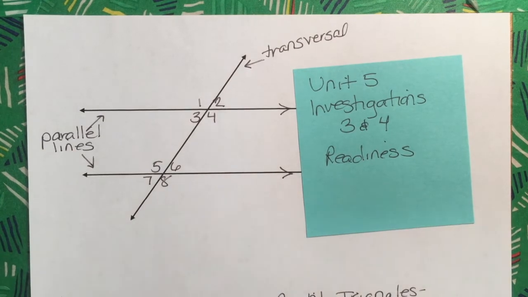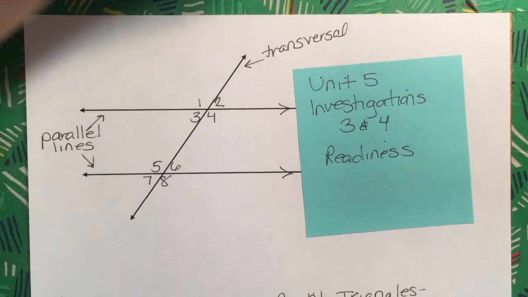Hello, geometry folks. So we have finished the first two investigations in Unit 5, and we are going to start investigations 3 and 4 next. So what this video lesson is going to do for you, it's going to review some of the things that we've learned in old units and old investigations that we will be using in the upcoming investigations.